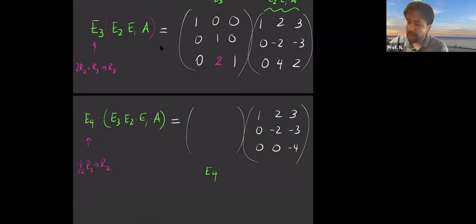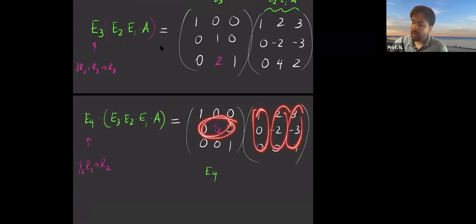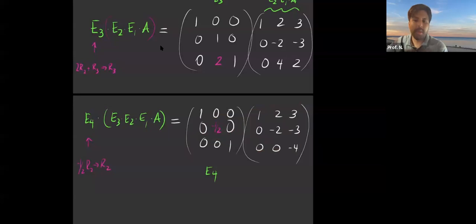So in order to do that, everything else stays the same. The other rows stay the same, and all I'm changing is the second row. So this must be a -1/2. And if you multiply it out, what happens when I do this? I only get the second row being multiplied by -1/2.